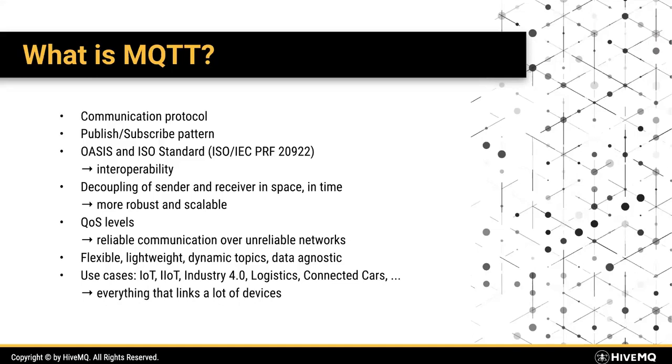It's known as the IoT protocol. It's often called the standard IoT protocol. And therefore IoT, industrial IoT, Industry 4.0, connected cars, which Clive will tell us about later. And in general, MQTT can be used for everything that needs to connect a lot of devices. And by a lot, we mean not a couple of thousand. We talk about scales of millions of clients.